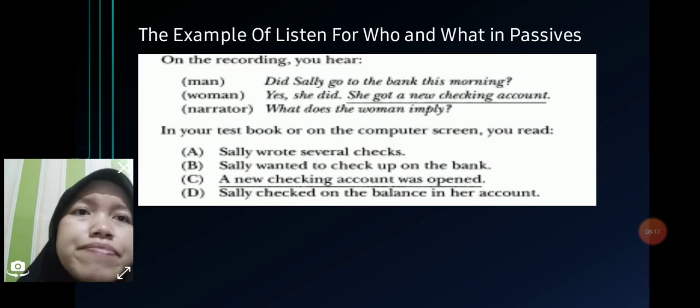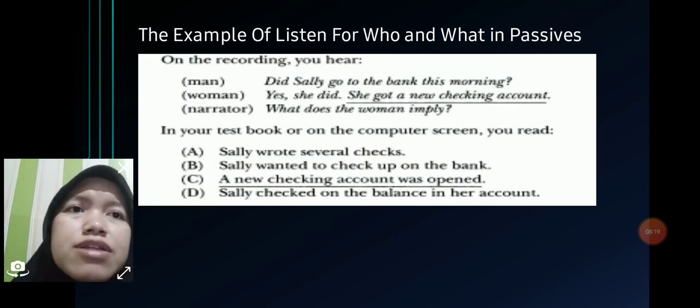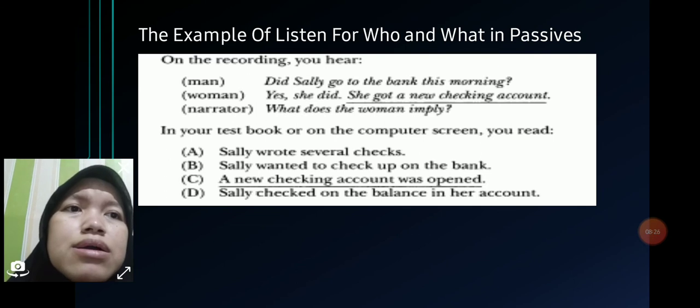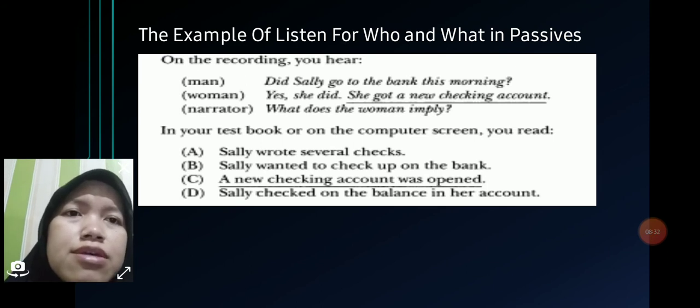Here is an example of listening for who and what in passive. In the recording, we get the active voice: "Yes, she did. She got a new checking account."